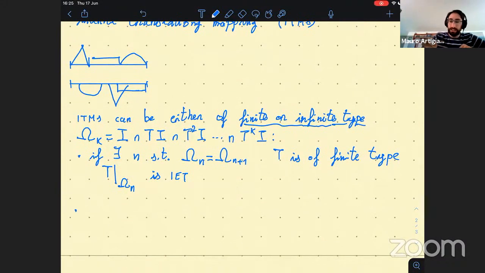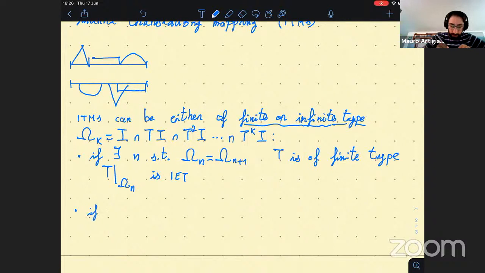And then if this doesn't happen, meaning if this attractor keeps shrinking and never stabilizes, then you never stop, and in the end you get a fractal, like a Cantor set attractor. In that case, you would say that your ITM is of infinite type.